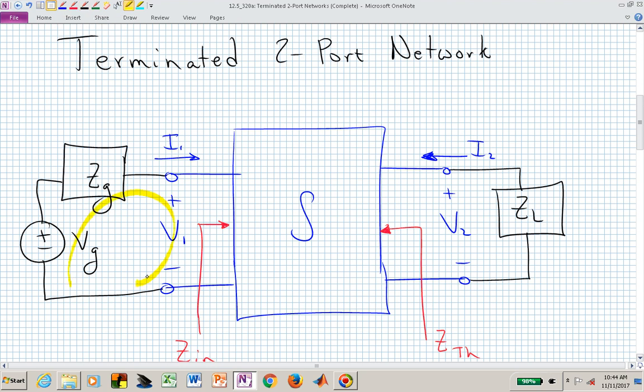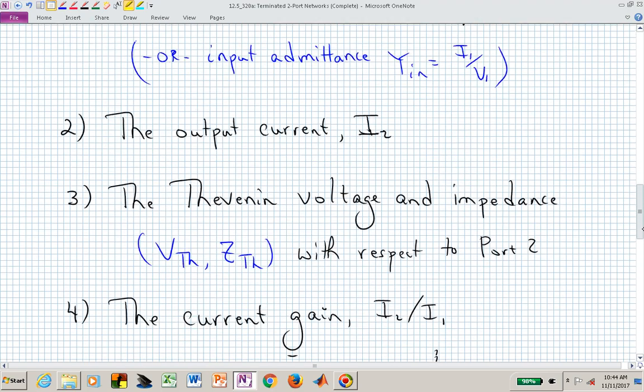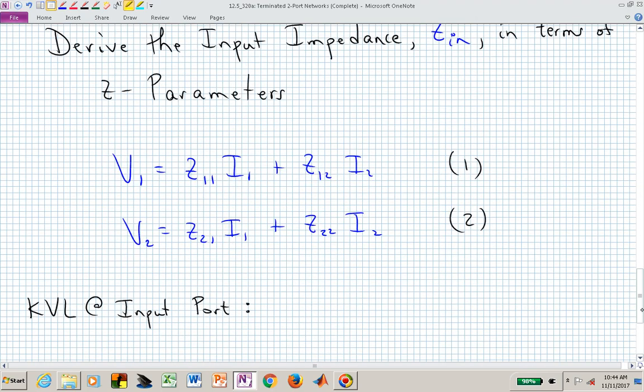We can just do a KVL over here, and that's simply going to give us, as an expression, minus V sub G plus Z sub G I1 plus V1 is equal to 0. That's equation 3 that I'm going to label.